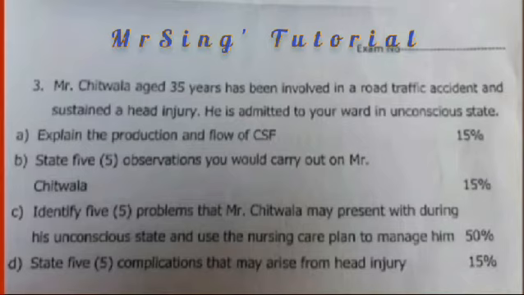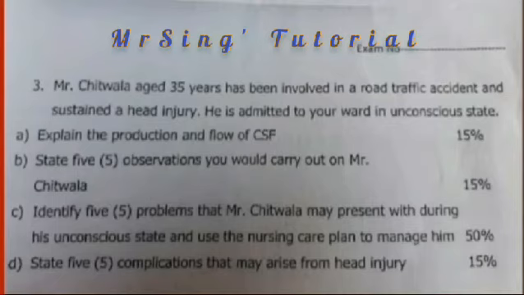From the subarachnoid space, the cerebrospinal fluid needs to be drained into the venous circulation. It is drained by the arachnoid villi, which are just openings in the subarachnoid space. So that is how the cerebrospinal fluid flows.